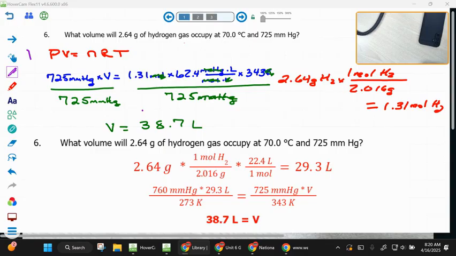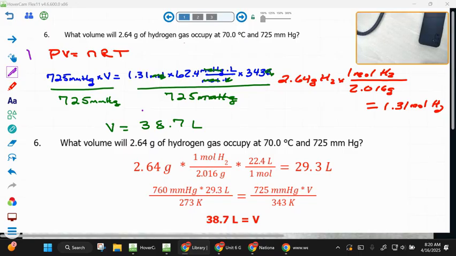By the way, be careful of the formula, H2, times 1 mole of hydrogen gas over 2.016, the formula mass for H2, and I got 1.31 moles. Put that in for n. 62.4 is my R value because of the millimeters of mercury. 343 is the temperature in Kelvin. Solve that and you get 38.7 liters.